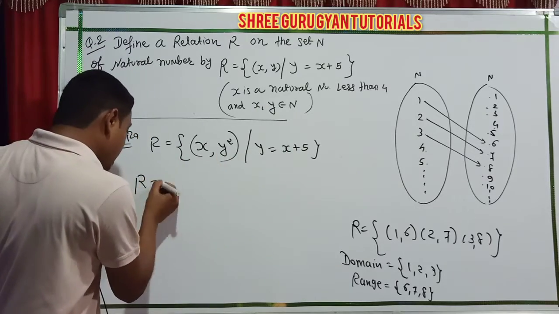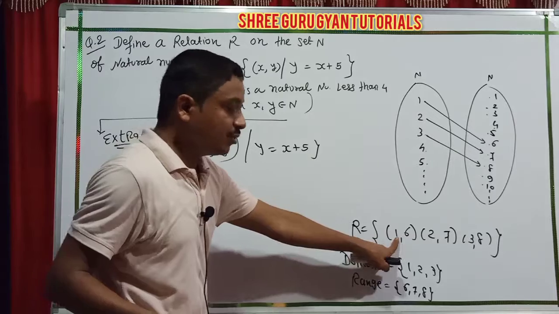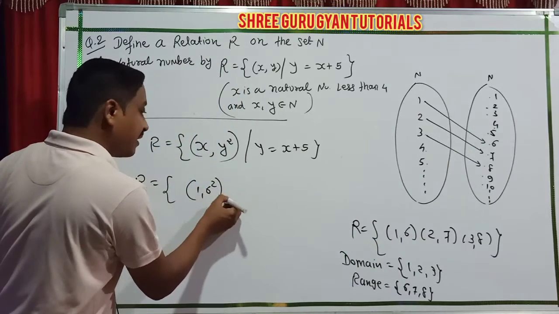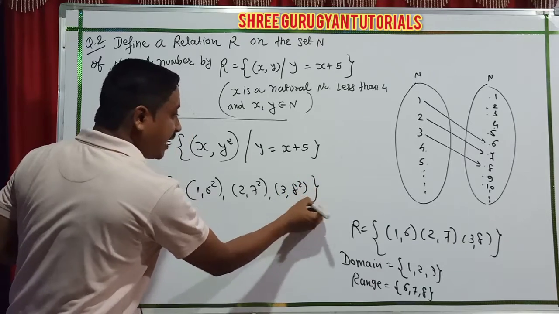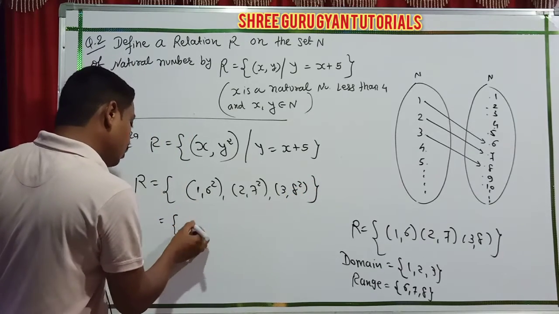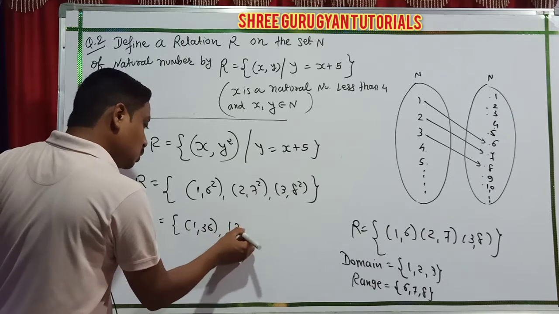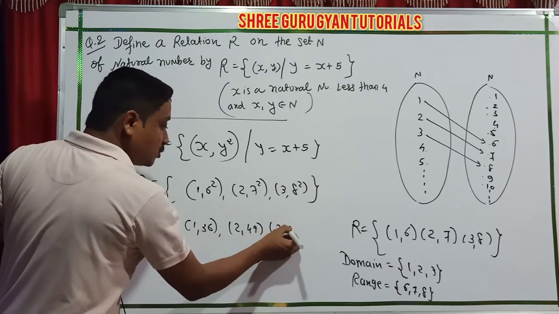You put here R. What is R? Putting 1, the answer is 6 square. Putting 2, then 7 square. Putting 3, then 8 square. And then the answer becomes 1 to 36, 2 to 49, and 3 to 64.